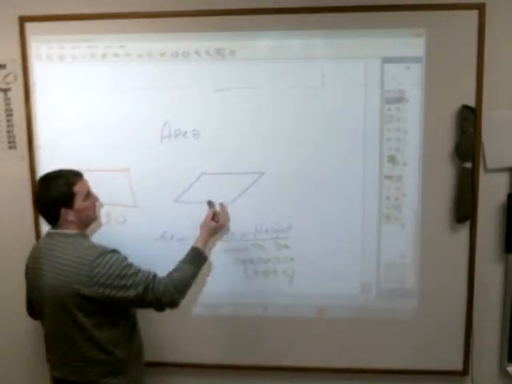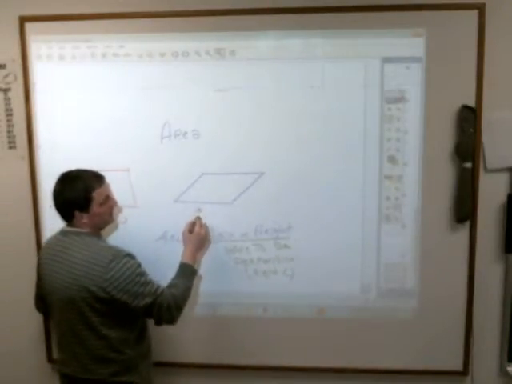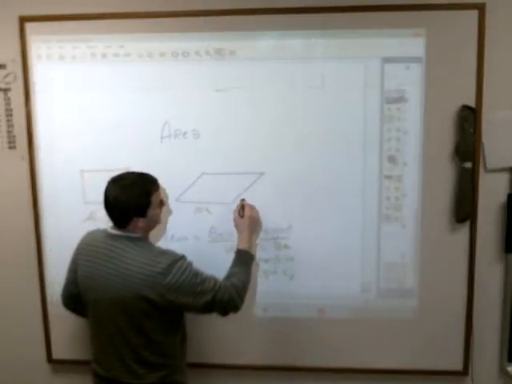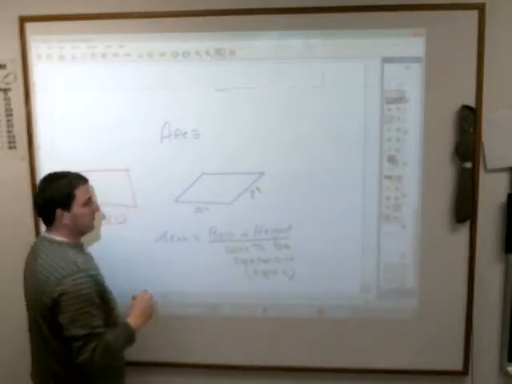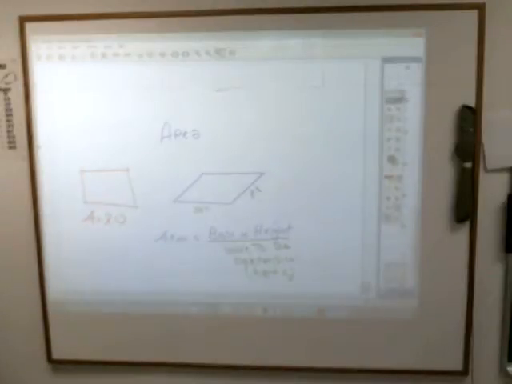Okay, so if this is my parallelogram, and let's say this is 10 inches and this is 8 inches. The area of that parallelogram is going to be, Alexa? Oh, 80. 80 is not right. DJ?